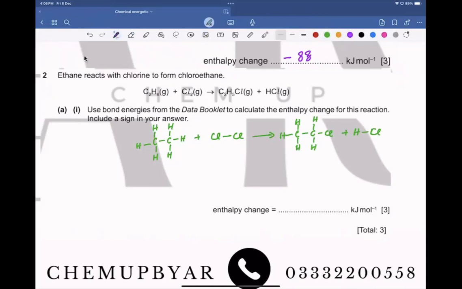So it is going to be like this, right? If you see, the bonds broken are one carbon hydrogen bond and one chlorine chlorine bond, right? Yes, sir. And the bonds formed are one carbon chlorine bond and one hydrogen chlorine bond, right?